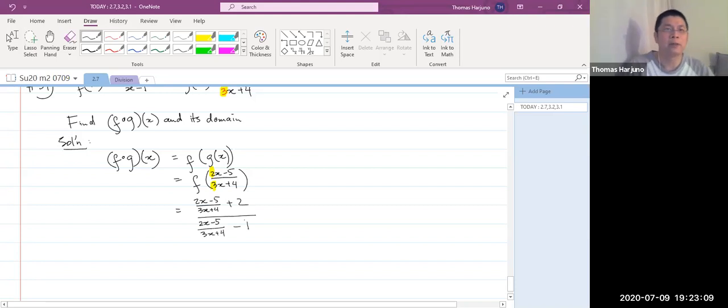Now I will simplify this. I will multiply by the LCD, 3x plus 4.